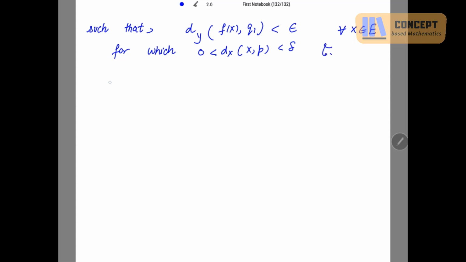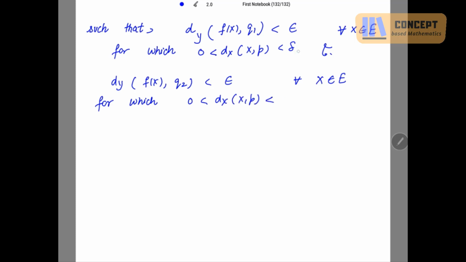And the other distance, f of x with q2, is also less than epsilon for all x belonging to E for which the distance in X is less than delta 2.